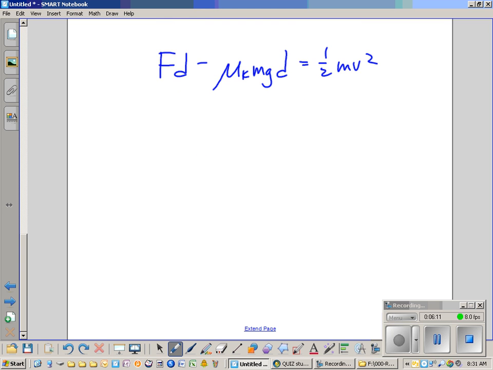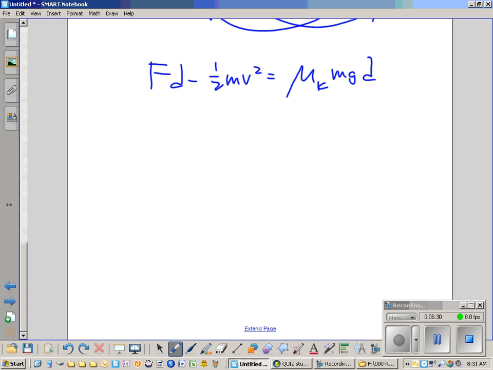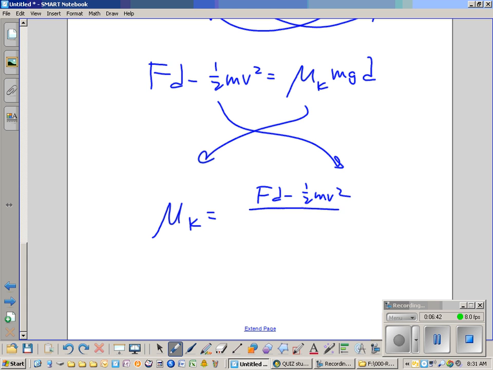Now we're going to add this to each side and subtract this from each side to get them over opposite sides. So FD minus 1/2 mv squared is equal to mu k times mgd. Trying to isolate mu, I'm just going to flip them over like this. So mu k is equal to FD minus 1/2 mv squared over mgd.